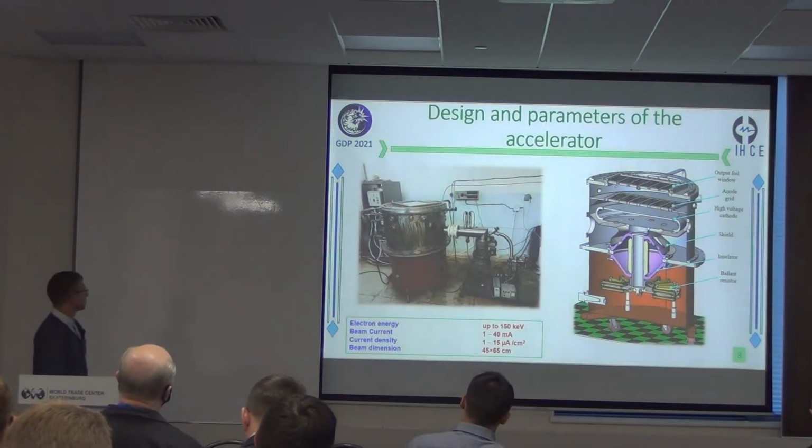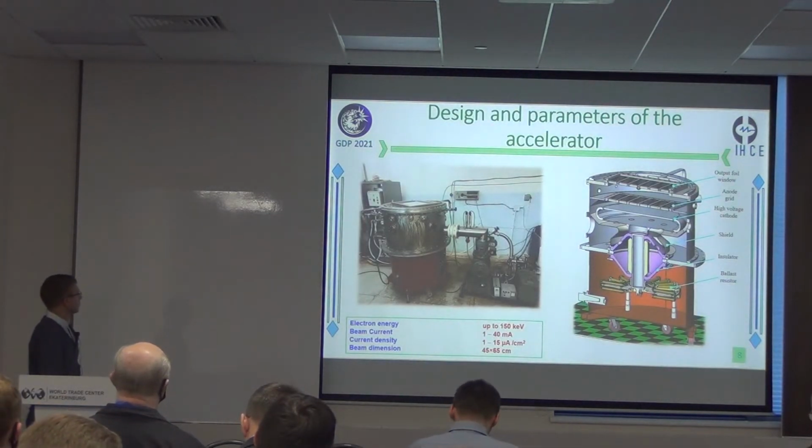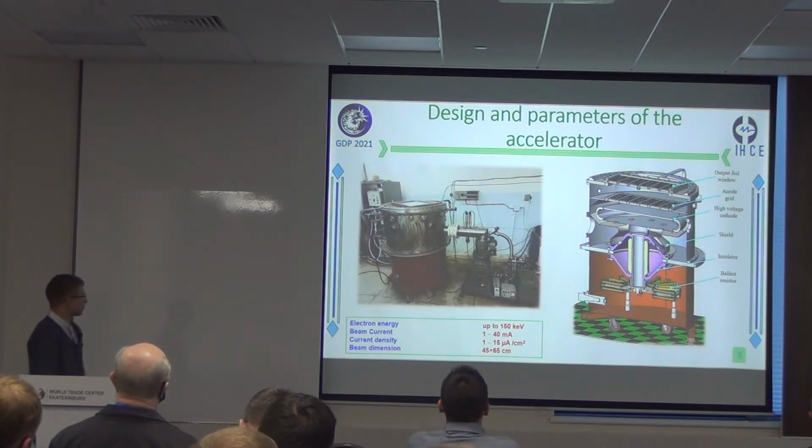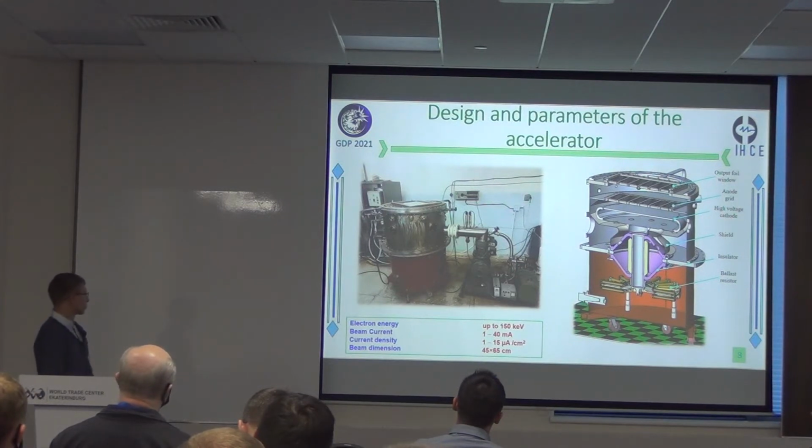On this slide you can see a photo and design of the studied accelerator. Its parameters are electron energy up to 150 kV, beam current up to 40 milliamperes, current density up to 50 microamperes per square centimeter, and beam dimension 35 by 65 centimeters.